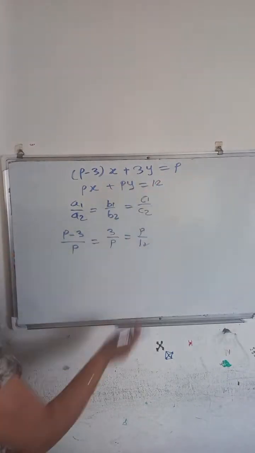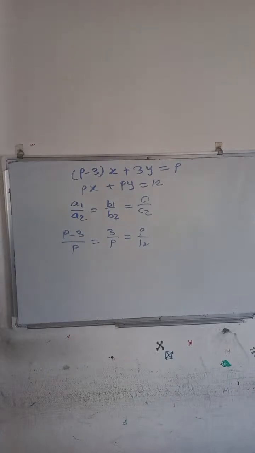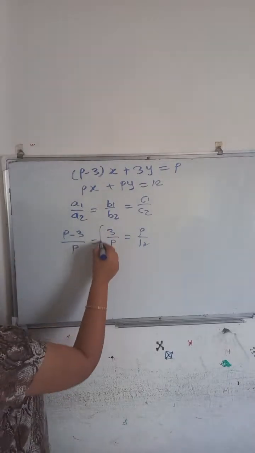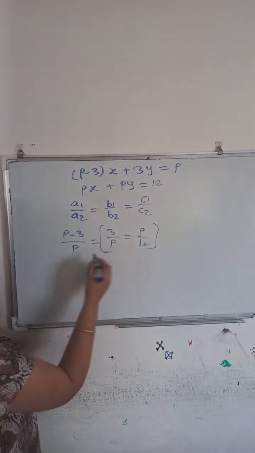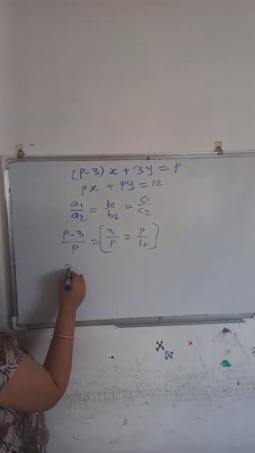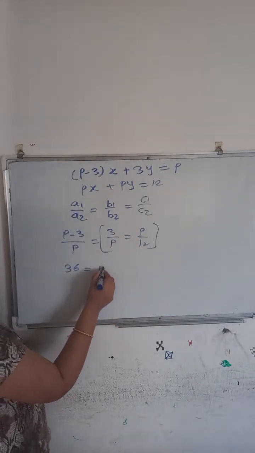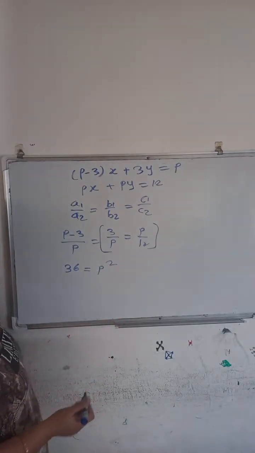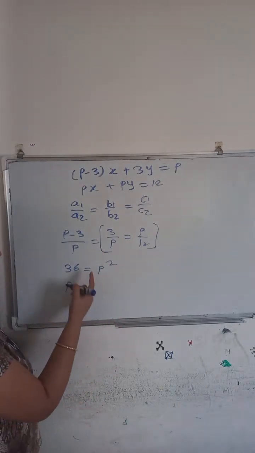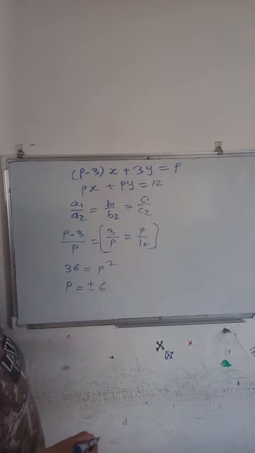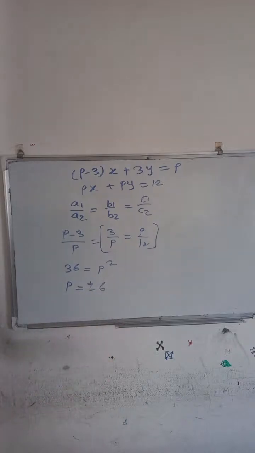Anyhow, minus and minus get cancelled. You can take this, it is more easier. So 12 threes are how much? 36 is equal to p square. Correct? And if you take the square root on both sides, it will become plus or minus 6. This is the answer. Done.